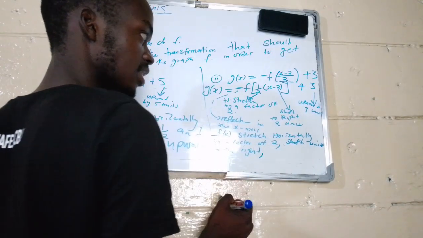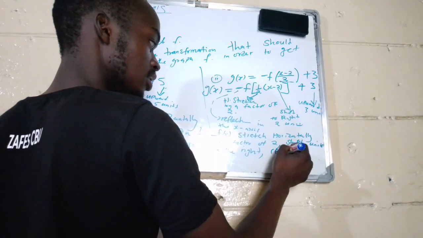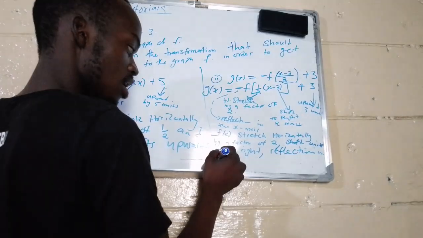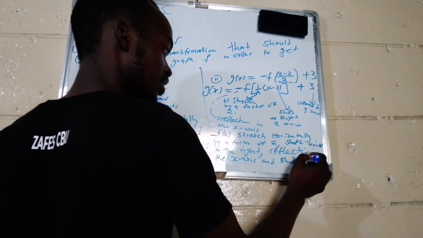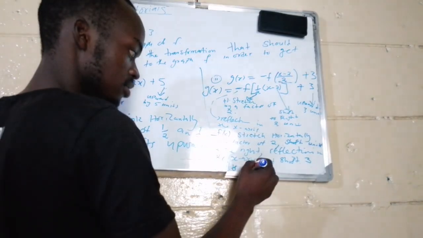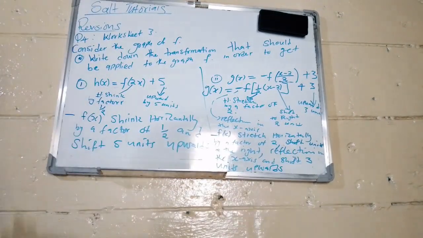After that, we're talking about reflection in the x-axis and shift 3 units upwards. Let's hope this handwriting is visible. My board is very small. 3 units upwards. That will be the transformation.